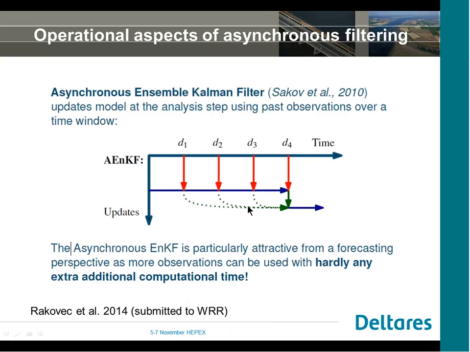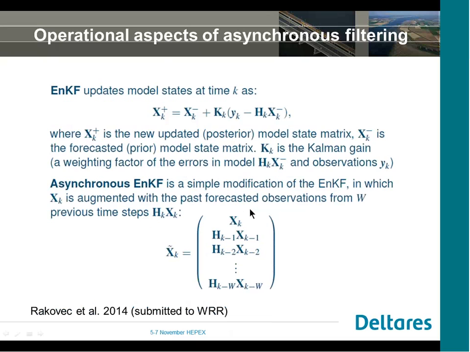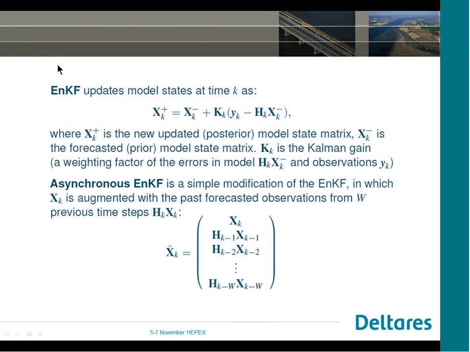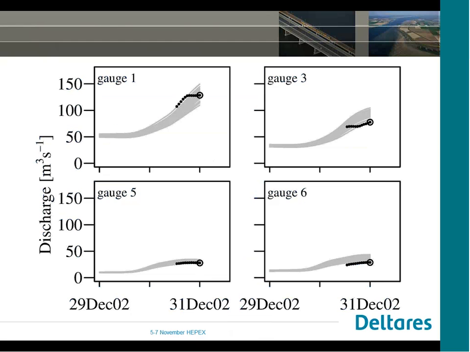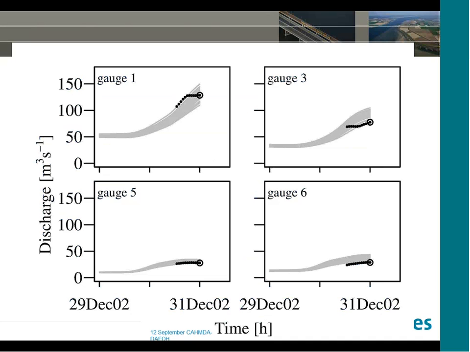You have the normal Kalman filter equation, but you augment the state vector with past forecasted observations, so the model equivalent of the observations, and in that way you can use the past observations as well. Then I will try to explain how this works and what the benefit could be.